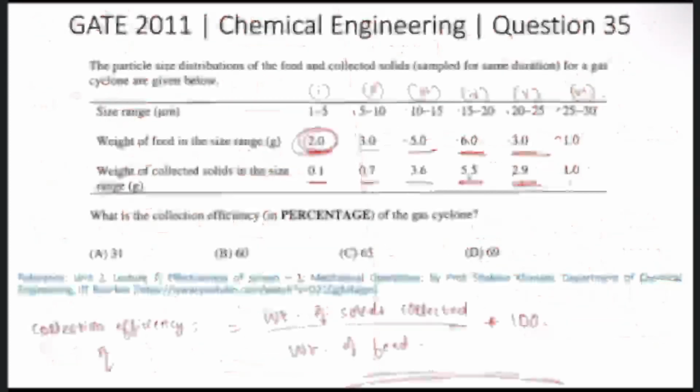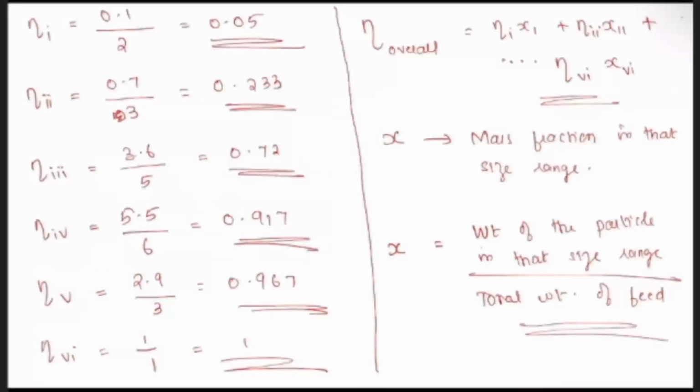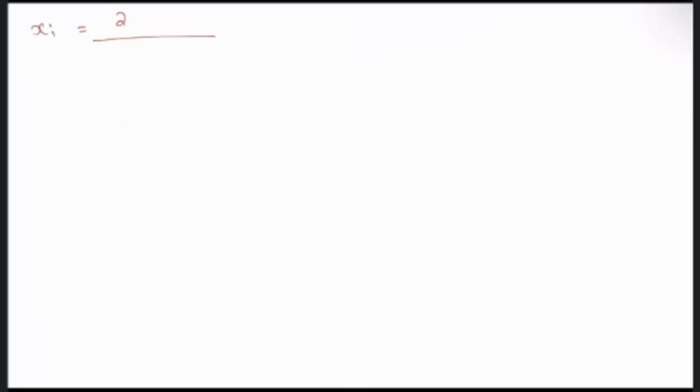The total weight of the feed can be obtained as the sum of all the feeds in the different size ranges, which is 2 plus 3 plus 5 plus 6 plus 3 plus 1, equal to 20 gram. So the mass fraction x1 will be 2 divided by 20, which is 0.1.